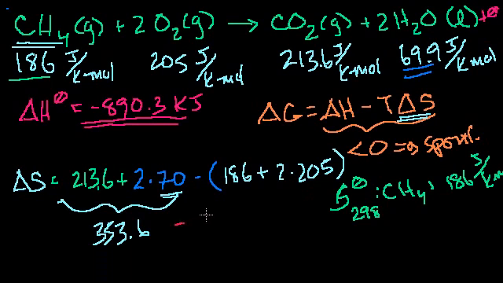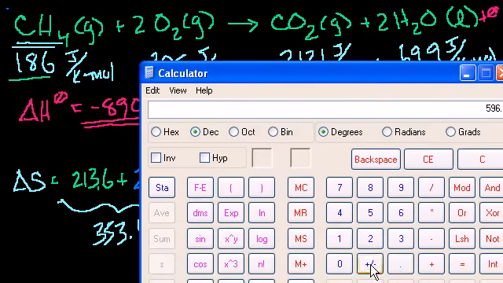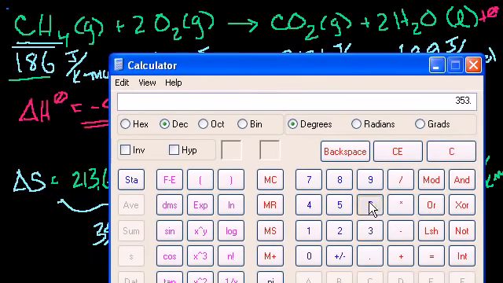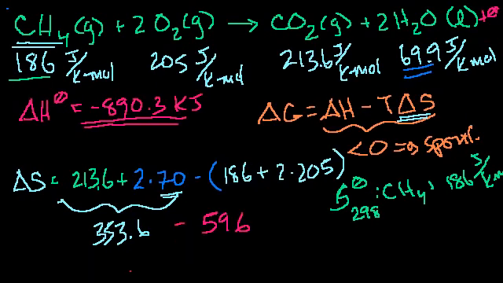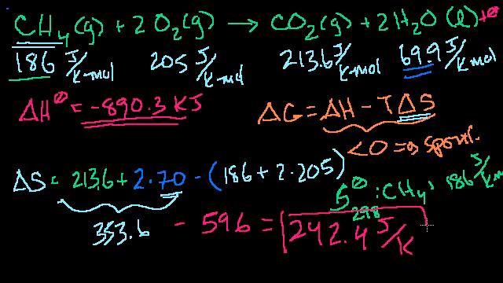So minus 596, plus the 353.6, and we have minus 242.4. So this is equal to minus 242.4 joules per Kelvin, which is our delta S.